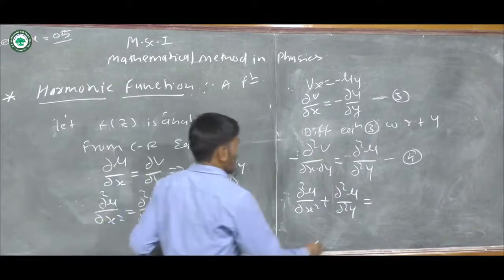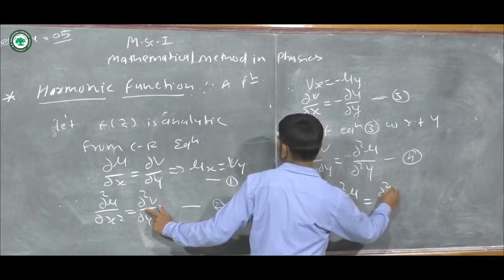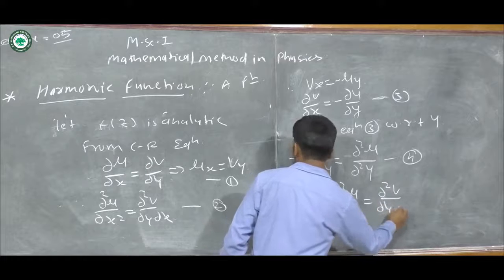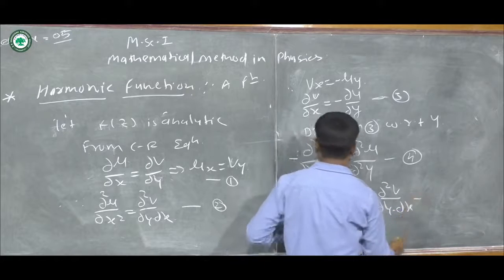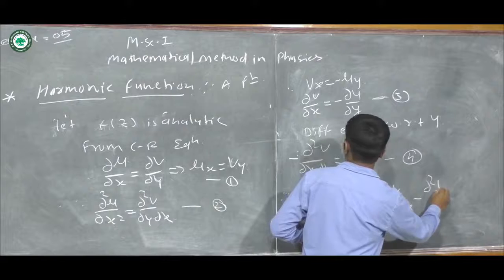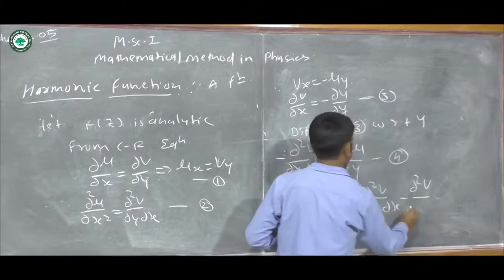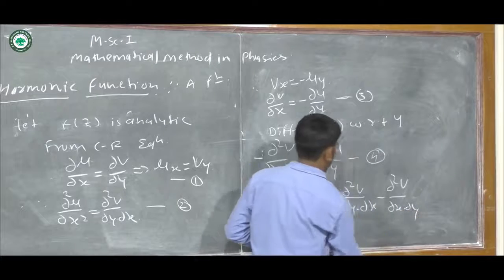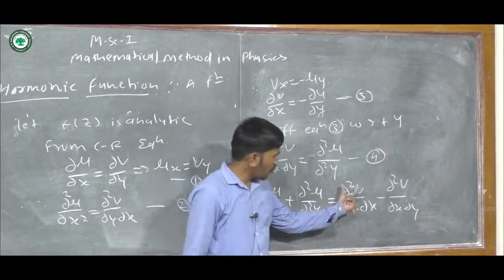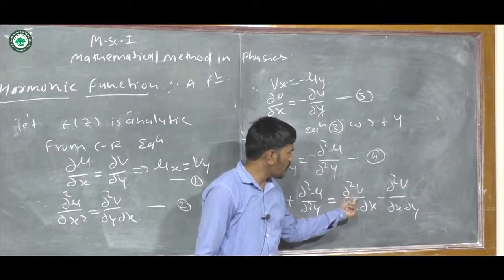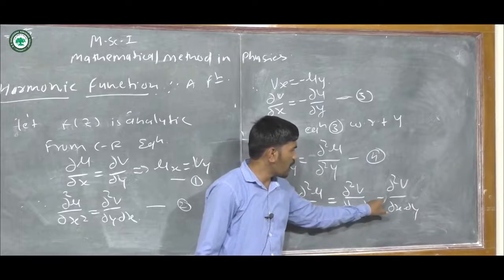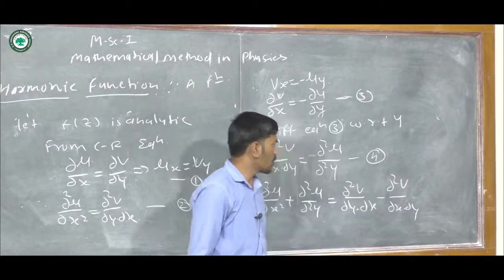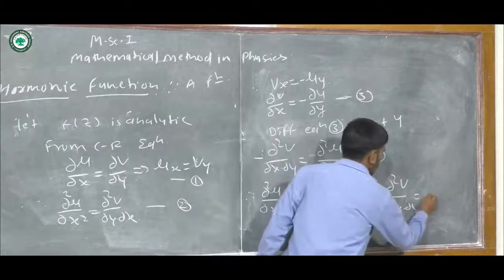On the left-hand side it is dou square v by dou y into dou x, and here is a minus, dou square v by dou x into dou y. If you compare these two terms, they are the same, so it is equal to 0.